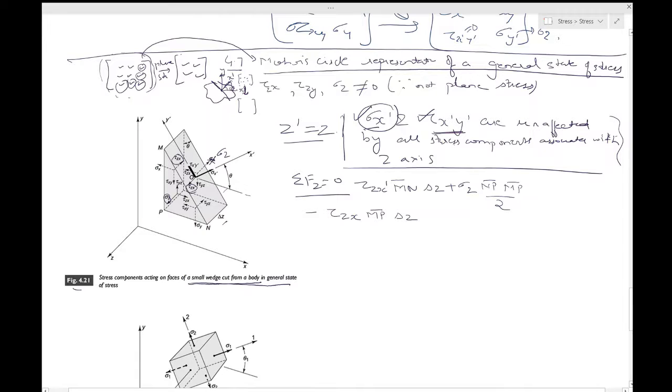Then tau yz, that would be minus tau yz into NP into delta z, minus sigma z into NP by 2, is equal to 0.